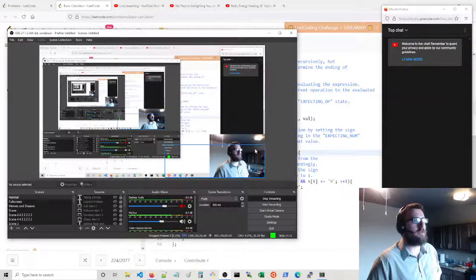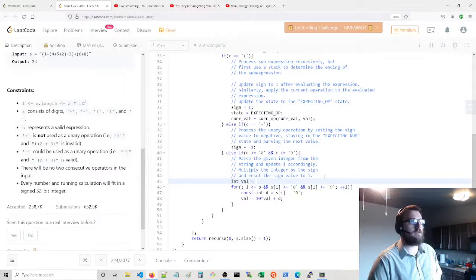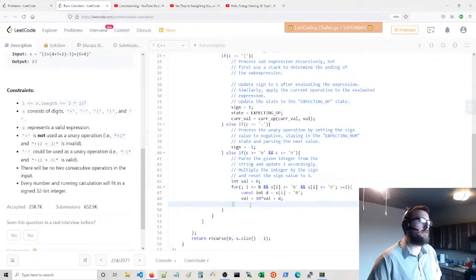So what else do we have? It's between this and this. You're going to double check greater than or equal to 0, less than or equal to 9. Set D, and val is 10 times val plus D, and int val is equal to 0. So you're going to kind of repeat this, so you don't have all the extra stuff in the front before.